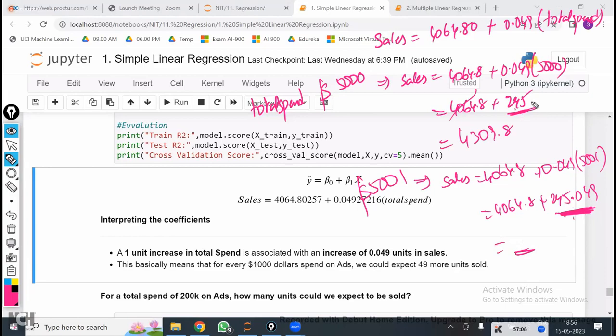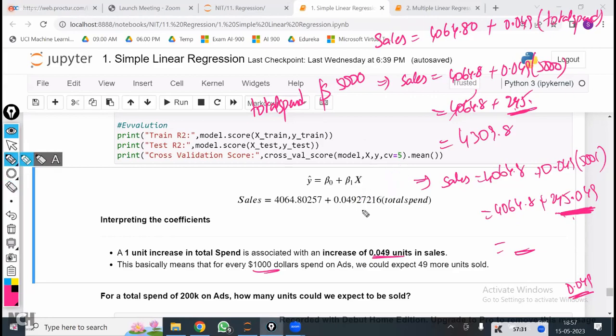Now, what is the difference between these two? 0.049 only. That is the difference between them. So if you add $1 increase, you will get a 0.049 difference. If you add $1,000, means instead of 5,000 you go with 6,000, then what is the answer?